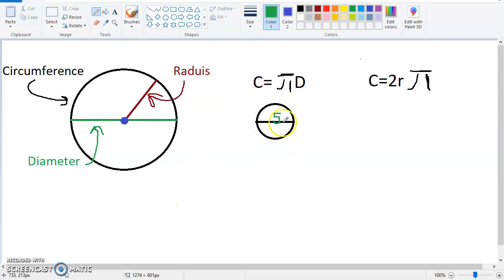So here we are with our first example, with our circle and a diameter of 5. My question is, now that you have this information, please find for me the circumference of this circle.